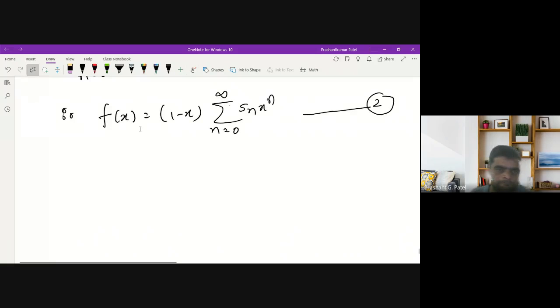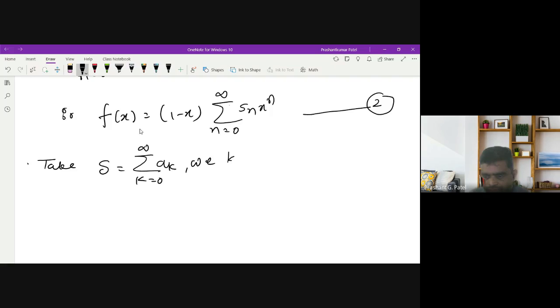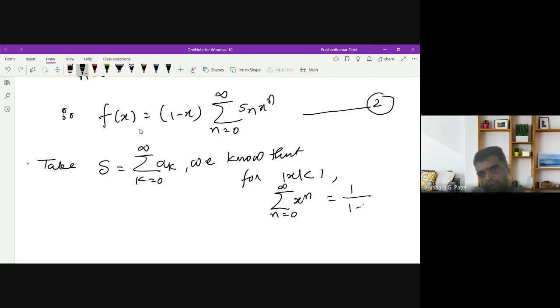Now let us take S as the summation k running from 0 to infinity, because this summation of ak is convergent. So let's say it converges to S, and we know that for mod x less than 1, the summation of x power n running from 0 to infinity will be 1 upon 1 minus x.